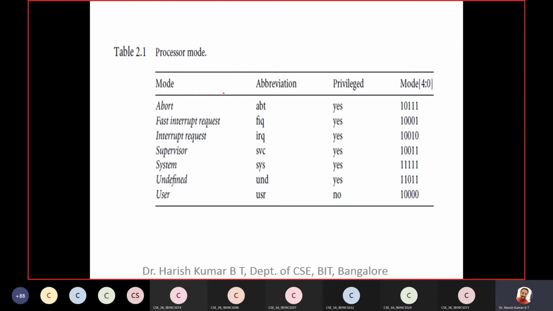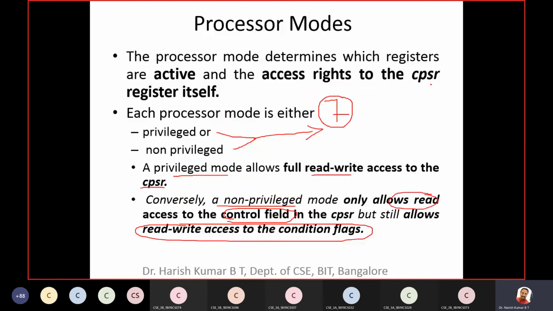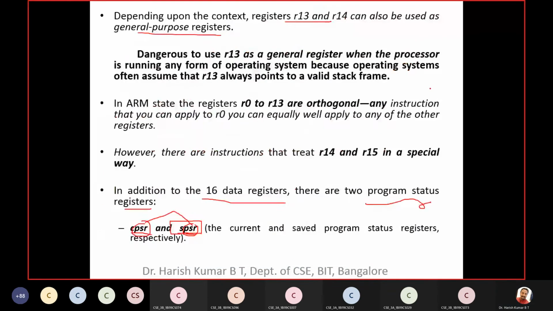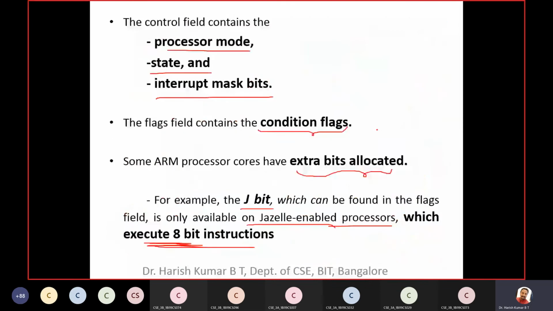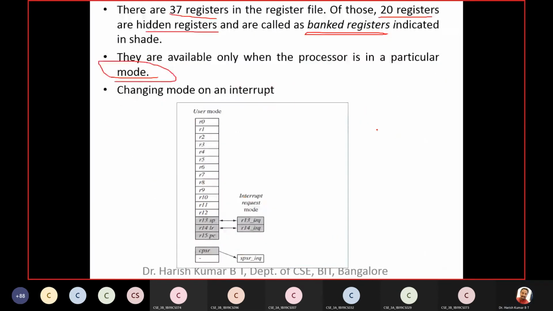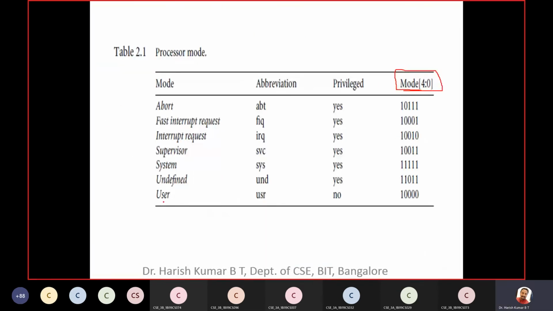Now, see, this is the mode. How many bits are reserved? 5 bits. Let me go back. Here, 5 bits, bit number 0 to bit number 4. Now, when the microcontroller is operating in the user mode, is it a privileged mode?